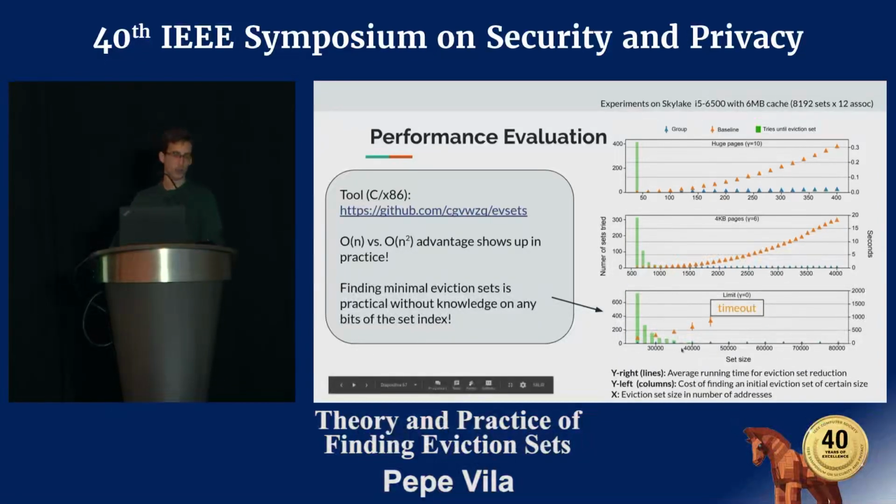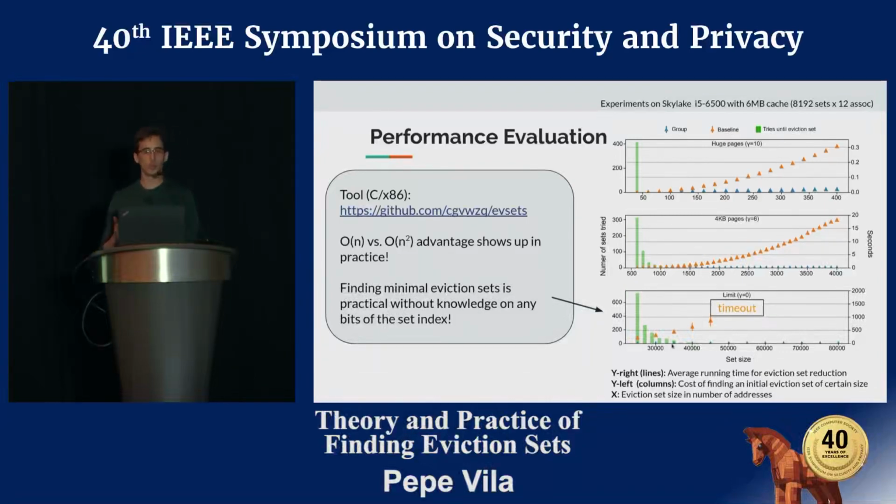While using group testing, we can do it in less than 2 seconds. And this is a very good result, because there were some proposed countermeasures that were trying to hide this mapping from addresses into cache sets. So with our group testing, we can see that even if this mapping is completely unknown to the attacker, it's still possible to find minimal eviction sets.